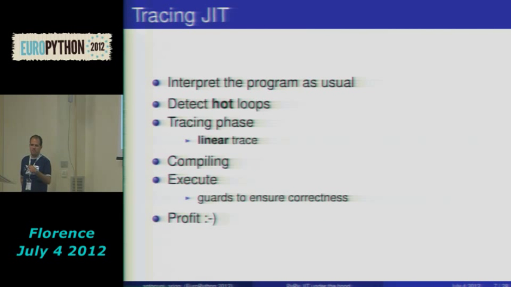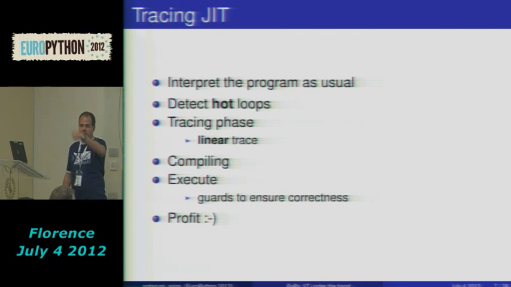Every time we have a jump back to an earlier place, we increment a counter, and as soon as this counter reaches a certain threshold, it means that this loop is hot because we have executed it tons of times. Then we enter a special mode which is called the tracing phase, which continues to execute the program, but this time it records all the operations it does.